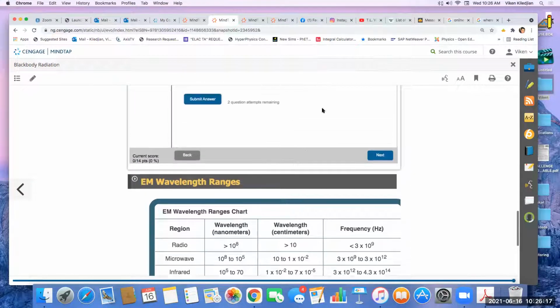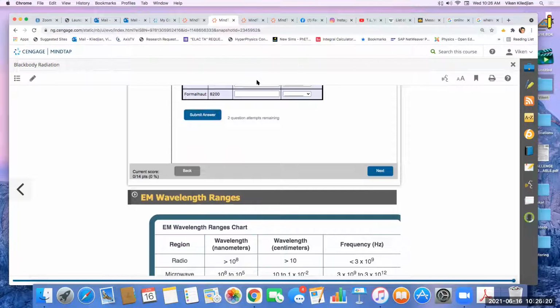So let me just show you on the whiteboard how to convert from an angstrom to a nanometer. They're very close. If something is 6,000 angstroms, you could say 10 angstroms is 1 nanometer.